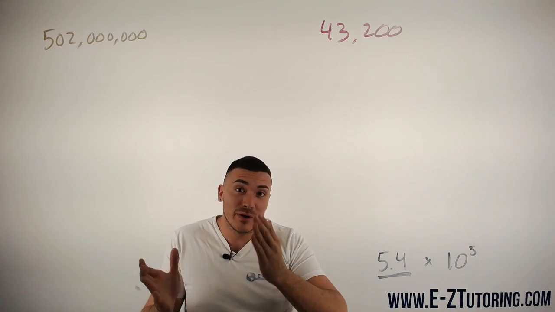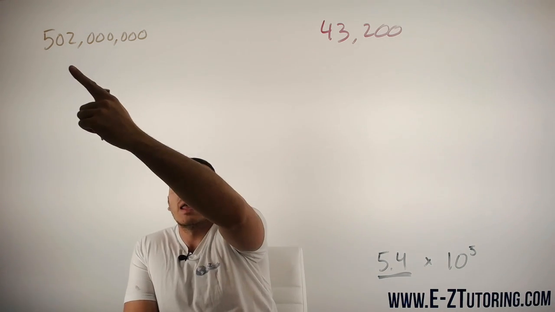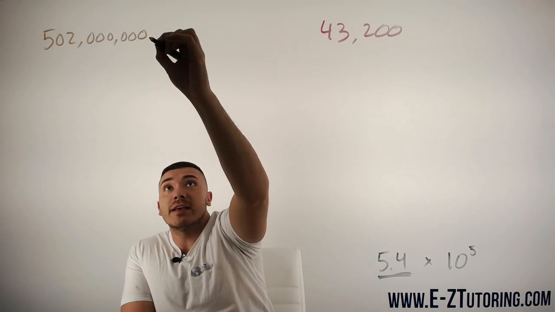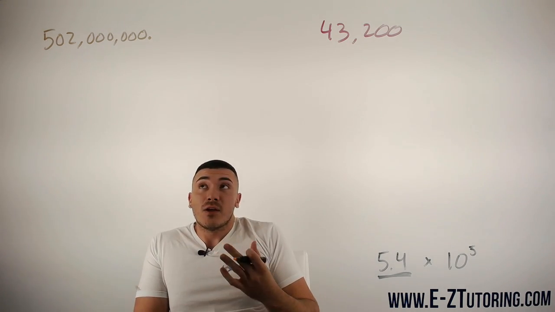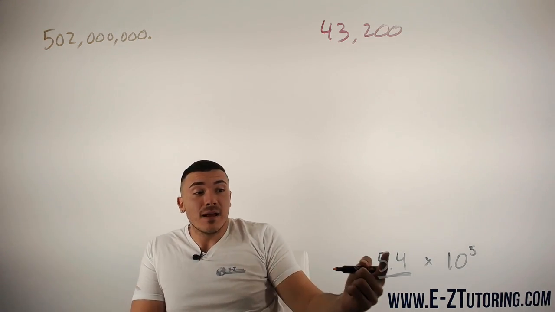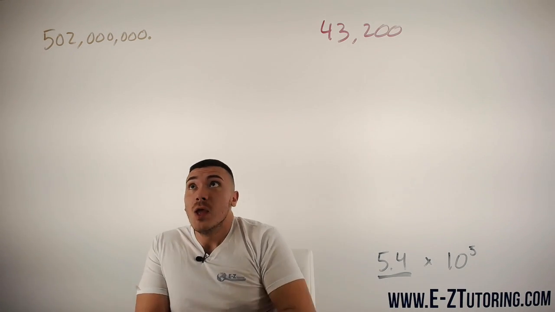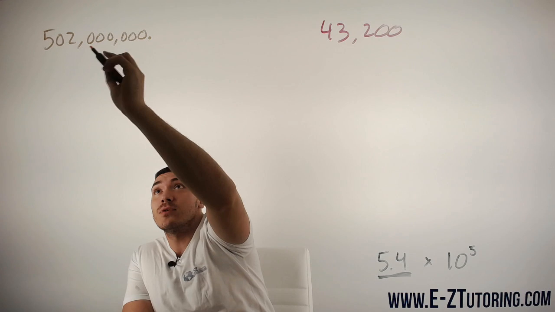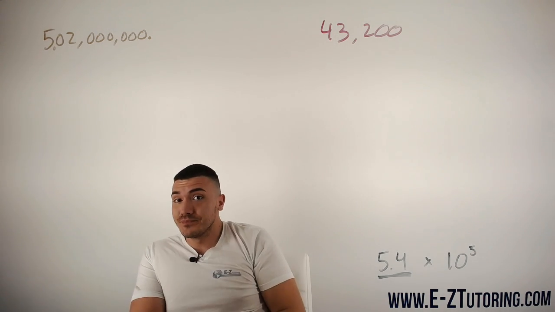So now going back to what I was saying and relocating the decimal, in 502 million, we have the decimal at the end right here. Now you must relocate that decimal to get some number between 1 and 10. So where must we relocate it? We must relocate it right after the 5 so we can get 5.02.